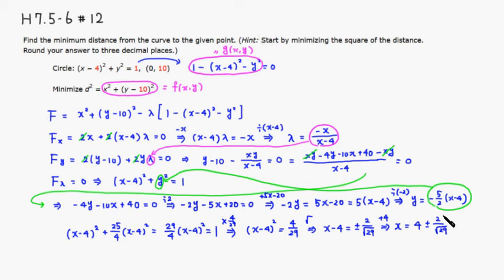Alright, then what we need to do is determine which one is the right one, and we need to sketch the picture, just a ballpark picture. So this is a circle centered at (4, 0). Here is the x-axis, and here is the y-axis.